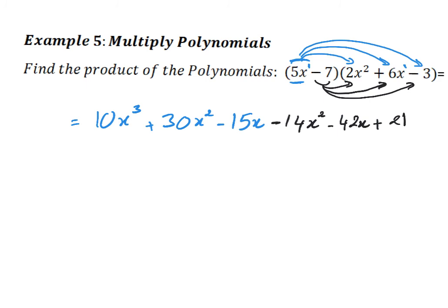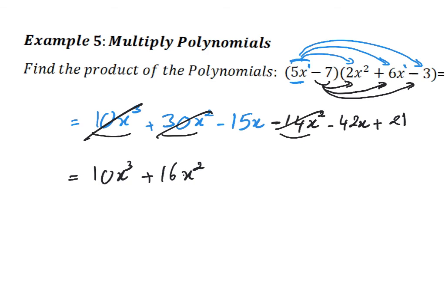Now we're just going to combine all like terms, right? So we know that 10x to the third, we don't have any other x to the third, so we're just going to write it down. And we get 30x squared minus 14x squared. That would be 16x squared, right? So what do we have left? We have negative 15x and negative 42x.